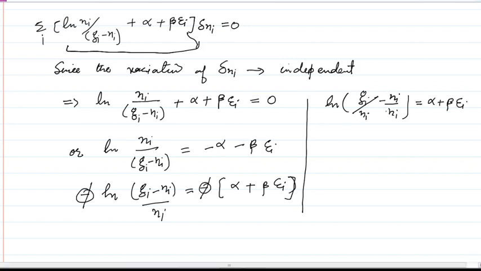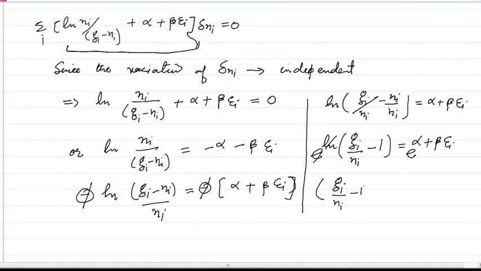So you know Ni upon Ni will be 1, so we will write it as Gi upon Ni minus 1 will be equal to alpha plus beta Ei. If we take the exponential of both the terms, the ln and exponential will go, and this will remain as Gi upon Ni minus 1 will be equal to e raised to the power alpha plus beta Ei.